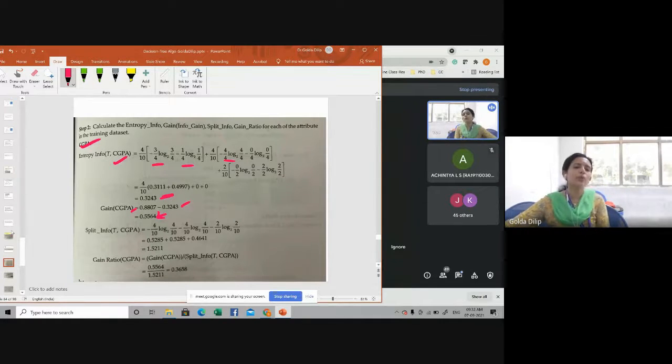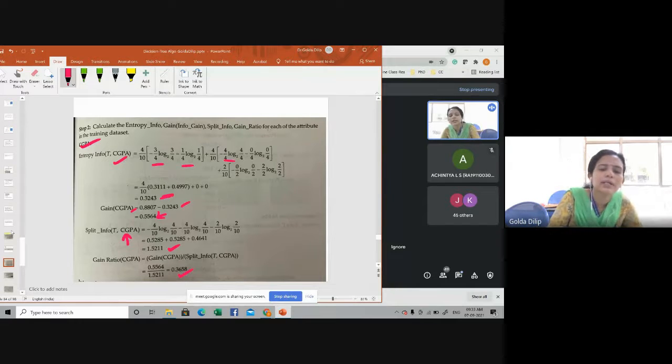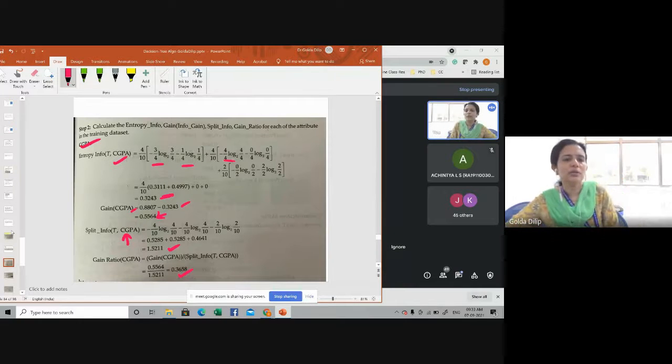After that, you compute the split information of the target with respect to the attribute under consideration, that is CGPA. Using the formula, we'll end up with this value. Then you compute the gain ratio. It's straight away a division. You get 0.3658. So these are all the various parameters computed for the first attribute.